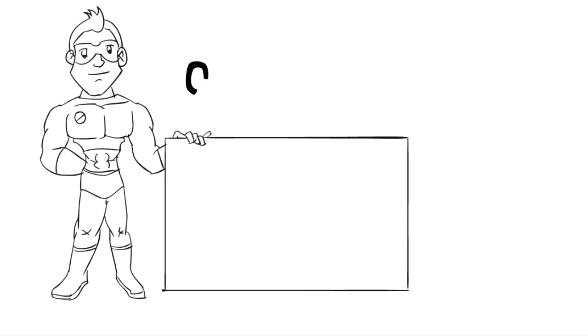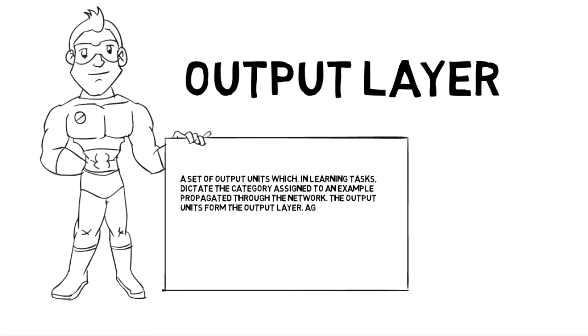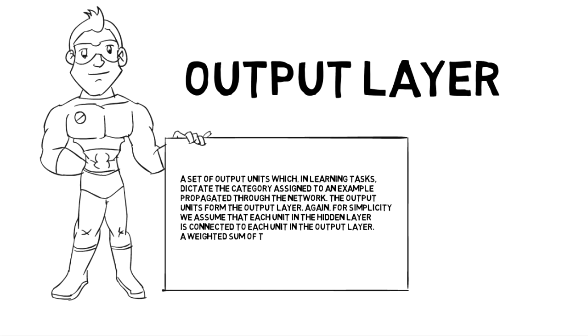The third is the output layer: a set of output units which, in learning tasks, dictate the category assigned to the example propagated through the network. Again, for simplicity, we assume that each unit in the hidden layer is connected to each unit in the output layer. A weighted sum of the output from the hidden units forms the input to every output unit.